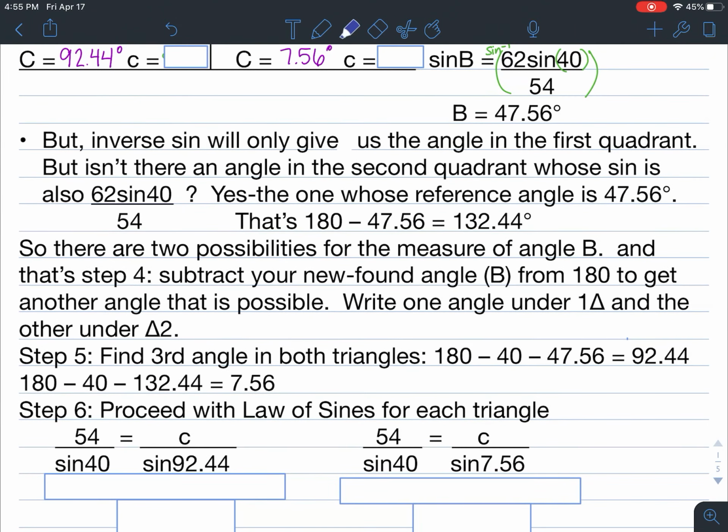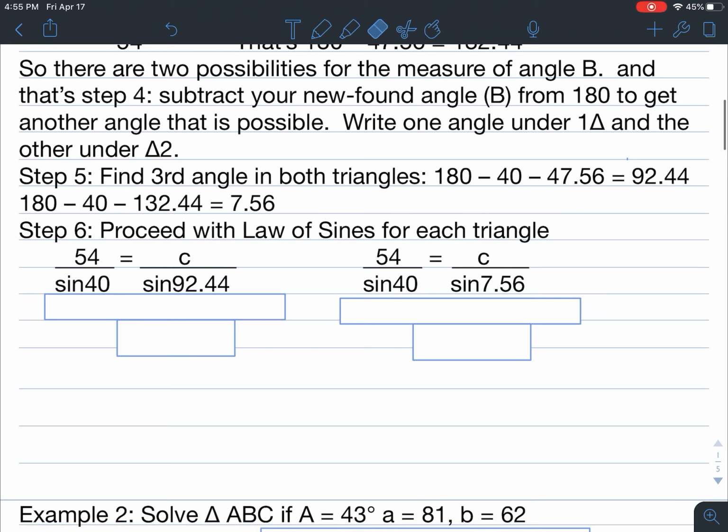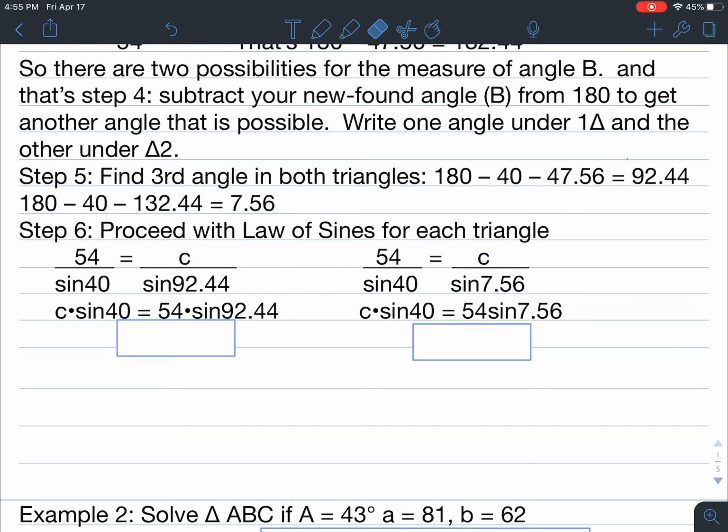Then we're just going to continue on with our algebra here. So cross multiply. C times sine 40 equals 54 times sine 92.44. Likewise on the other side, but with the 7.56. And then you're going to divide both sides by sine 40 in both equations.